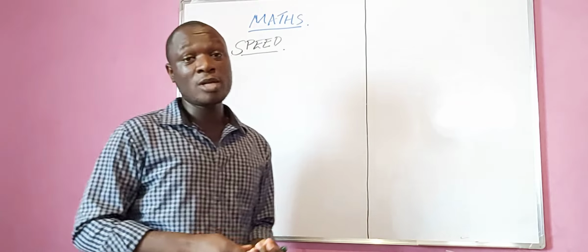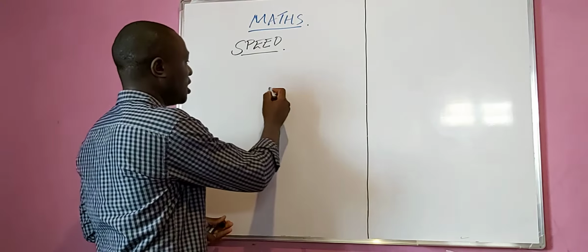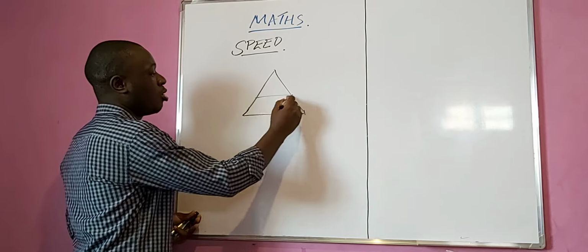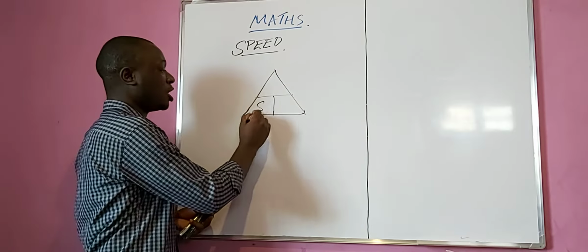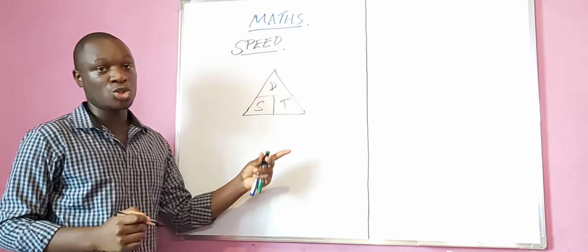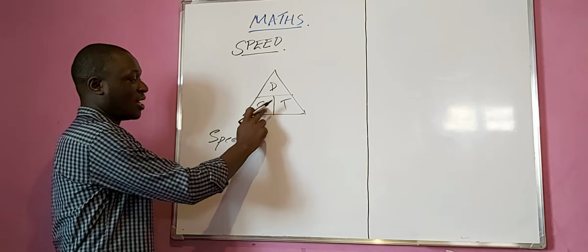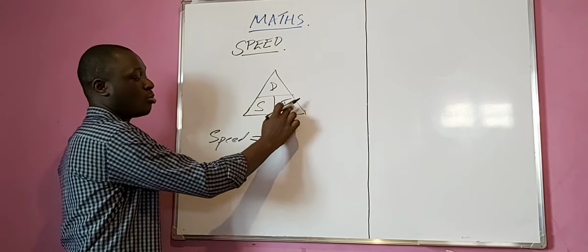And before you know that one, you have also to know the formula of finding the speed. We have the common shape that all of us know, the triangle, which is divided in. And in this triangle, it says that speed is equal to distance over time. So with this one, you can answer all questions regarding speed, whereby we say speed, which we represent as S, is equal to distance, and you can see distance is on top of time.